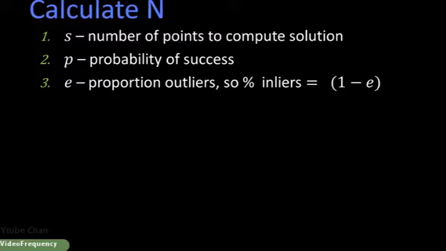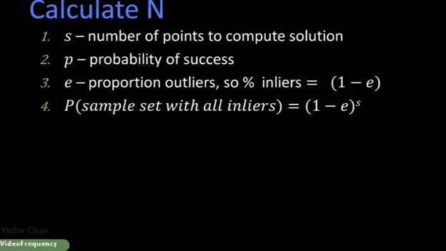Okay? All right, now we start with just a little bit of combinatorics. Let's suppose I pick S of these things. What's the probability that they're all inliers? Well, if the probability of being an inlier is 1 minus E, the probability that all S are inliers is (1 minus E) to the S. I'm assuming that there are a lot of points to choose from, so the fact that I've pulled one out doesn't diminish things.